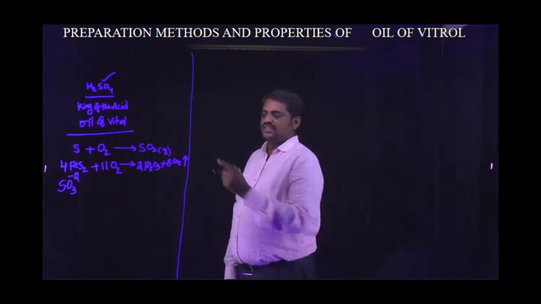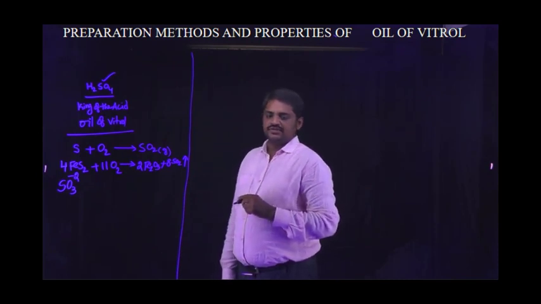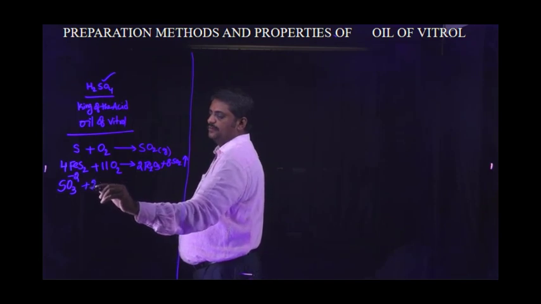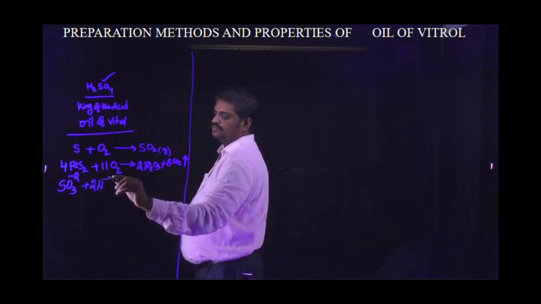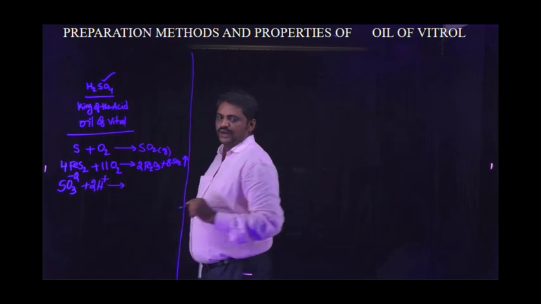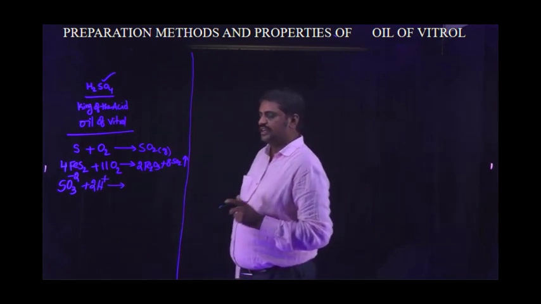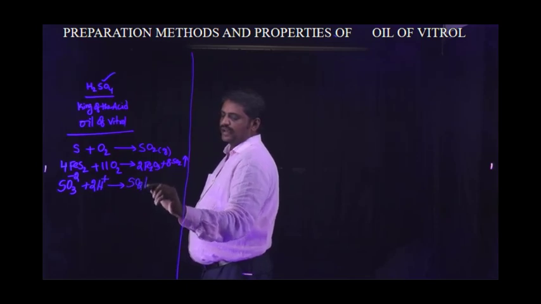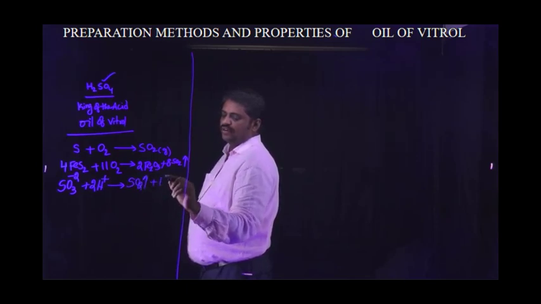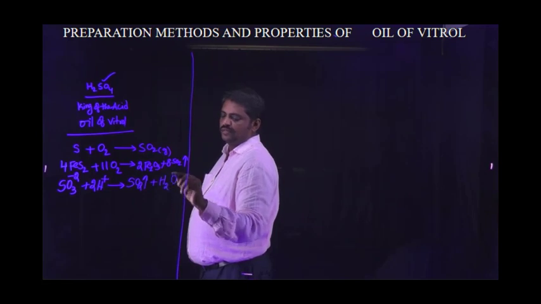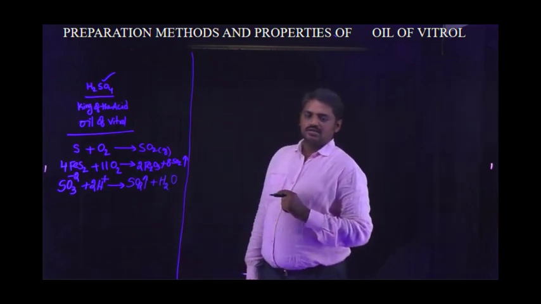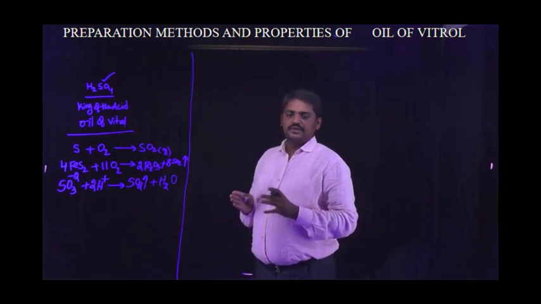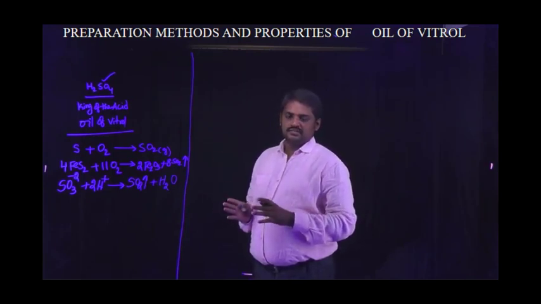Sulfite ion is indicated as SO3 2-. Sulfite ion reacts with acid to produce sulfur dioxide gas and water molecules are eliminated. So these are the best preparation methods for formation of sulfur dioxide.